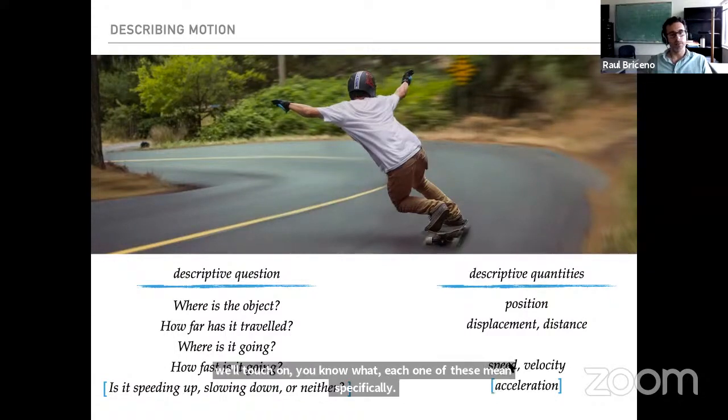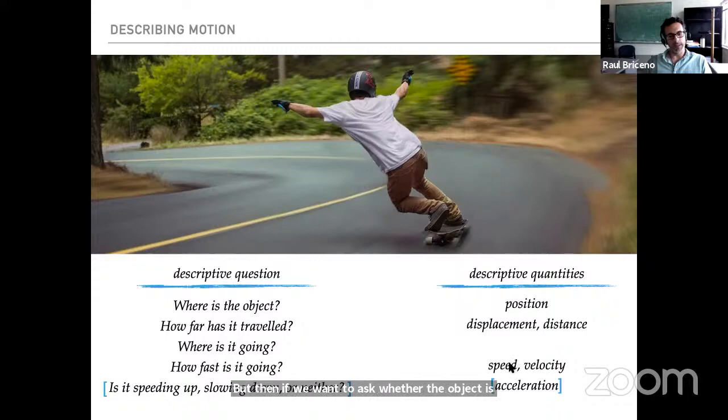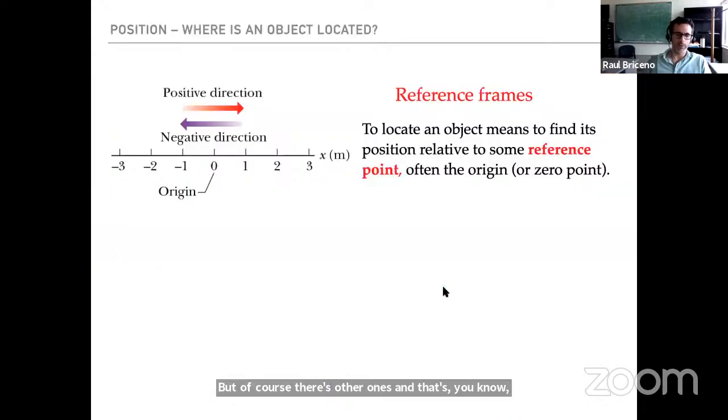But then if we want to ask whether the object is speeding up, slowing down, or neither, then the answer is in the form of accelerations. Okay. So this is the first example where we encounter rates of change in describing objects in nature. But of course, there are other ones, and we're going to touch on these specifically when we start going into infectious disease models.